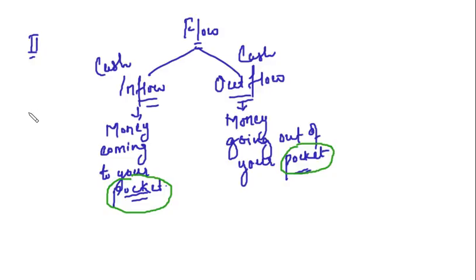So what is flow? We have to study two kinds of flow: cash inflow and the cash outflow. Inflow is any money coming to your pocket. Outflow is money going out of your pocket. Clear? So any money coming into your pocket or going out of your pocket is flow. Flow of cash. Right?